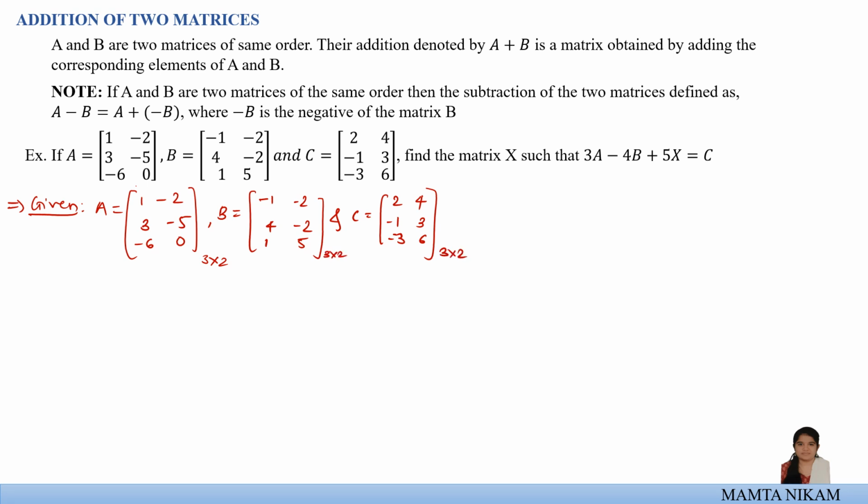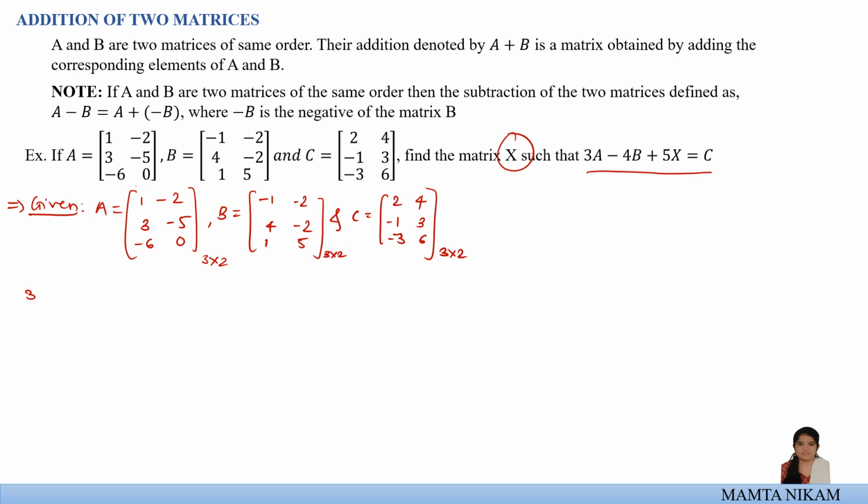Now the question says, given these three matrices, we have to find another matrix, that is X, some constant matrix, such that it satisfies this equation. So now we have an equation in terms of A, B, X and C: 3A minus 4B plus 5X equal to C. So let's evaluate. What is given?